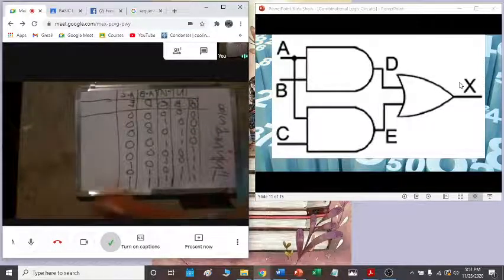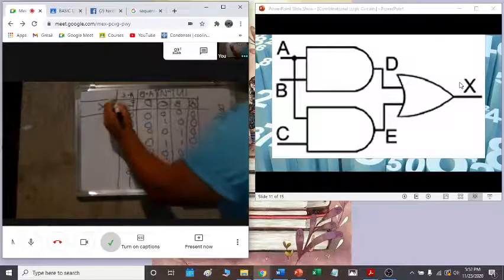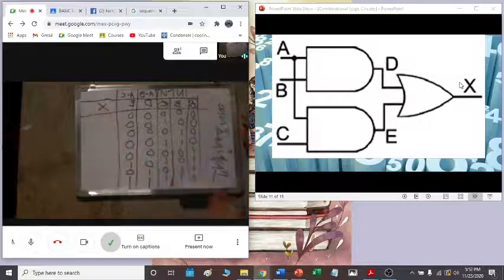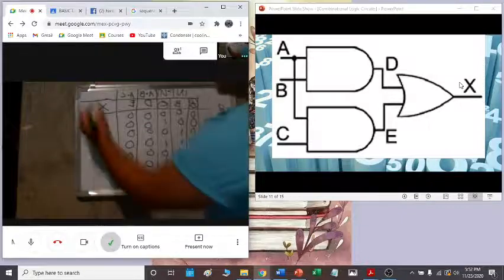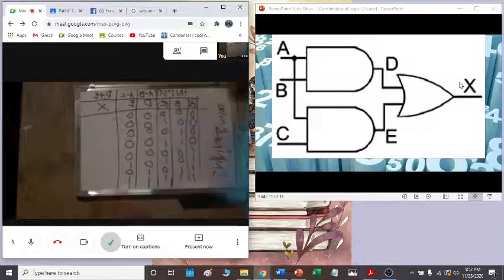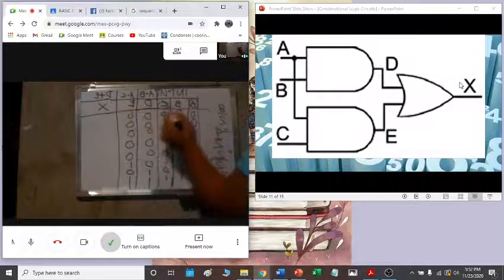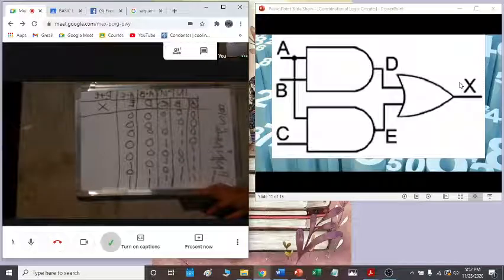The output of your OR gate is X. And since it is an OR gate, its Boolean expression is B plus E. So B plus E uses the outputs of our AND gates.